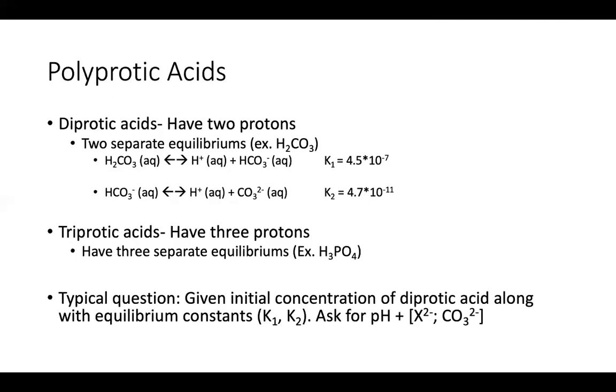There are also things called triprotic acids that have 3 protons, and these would have 3 separate equilibriums, just like we see for carbonic acid. The most known triprotic acid, especially in this course, would be phosphoric acid.